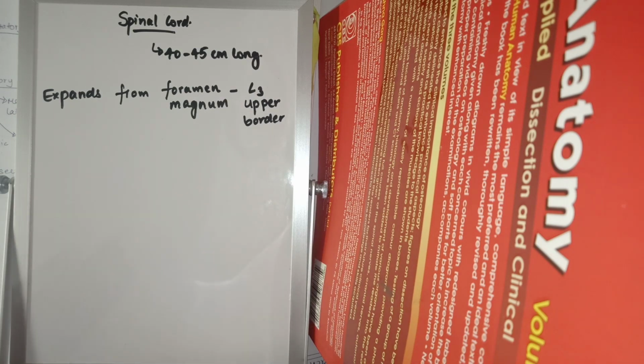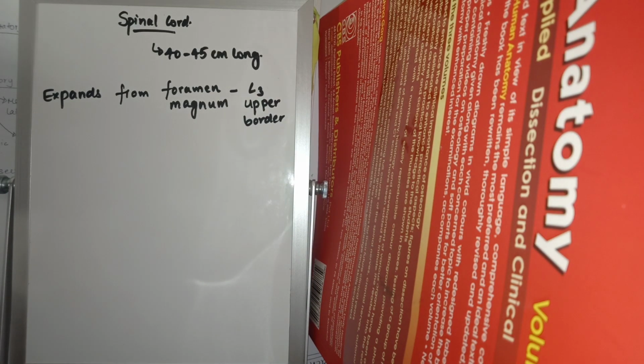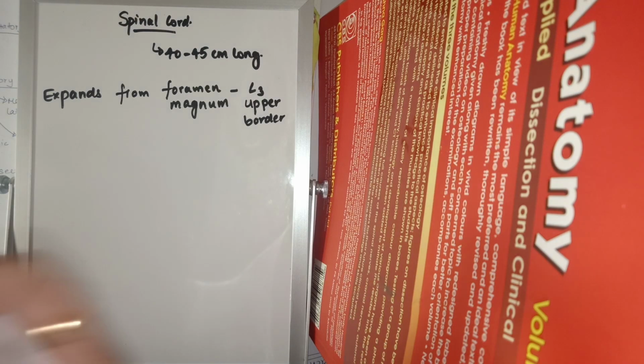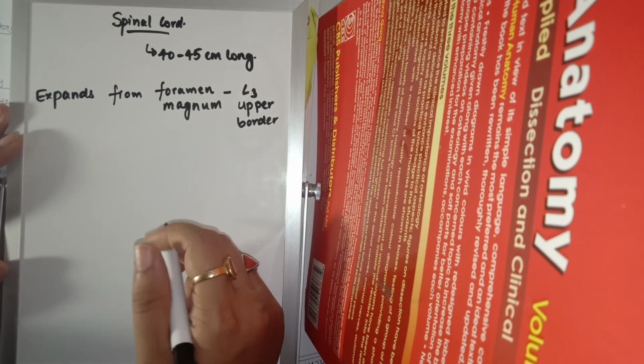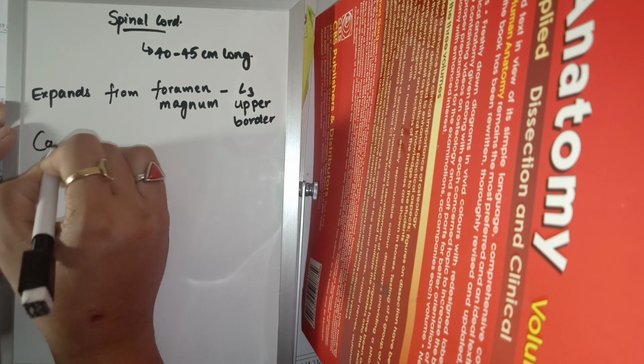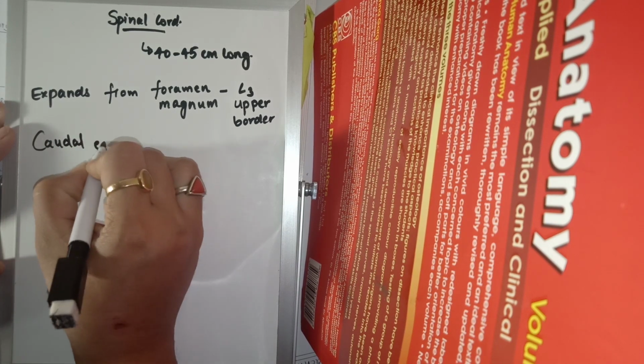Its lower part is attached to the periosteum of the second coccygeal vertebra. Its lower end, which is attached to the periosteum of the second coccygeal part, is known as the caudal end.